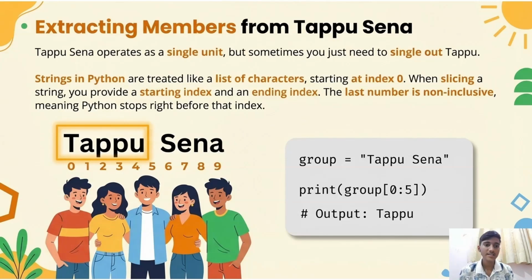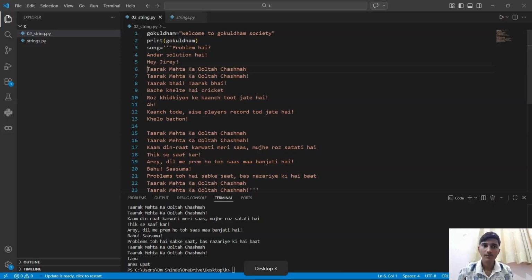The space is also considered a value. While printing we can directly print Tapu Sena, but sometimes we need to print only a single word from it. So how to do it? I'll show it once.